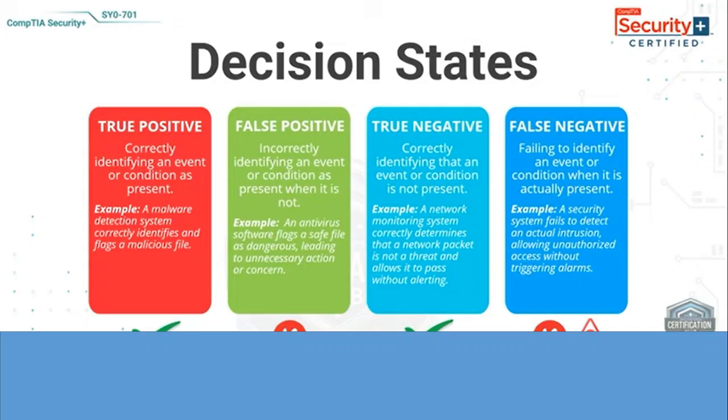It does not show any alarm and allows outsiders to enter inside the network. But with a true negative, whenever unauthorized access enters the network, it will generate an alert for that. So here we have the decision states when using any network security device: true positive, false positive, true negative, false negative.